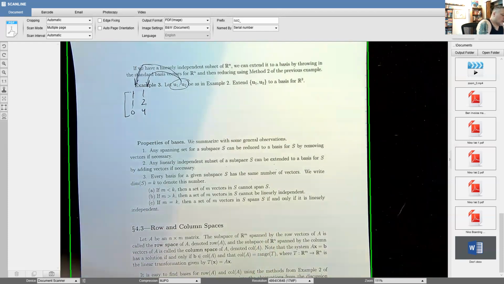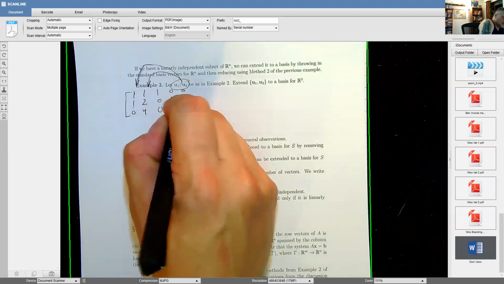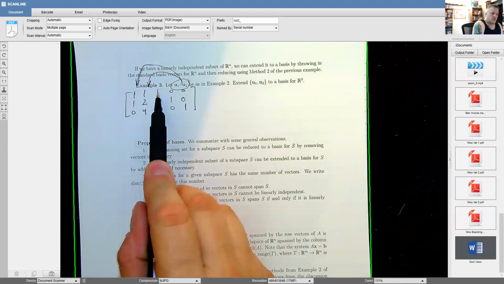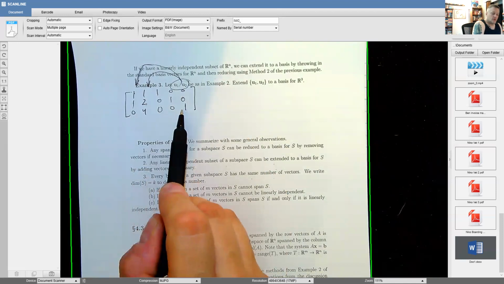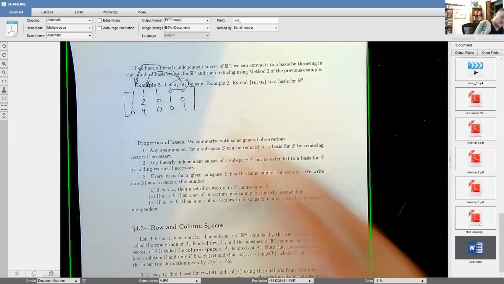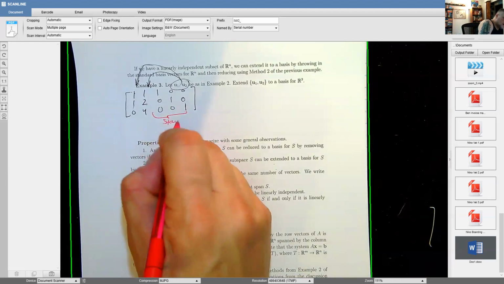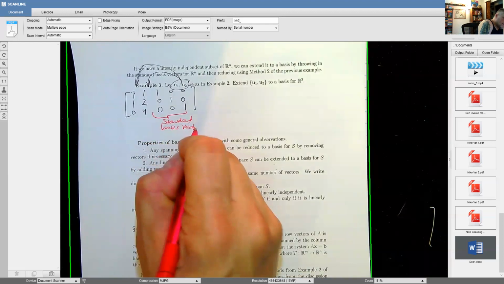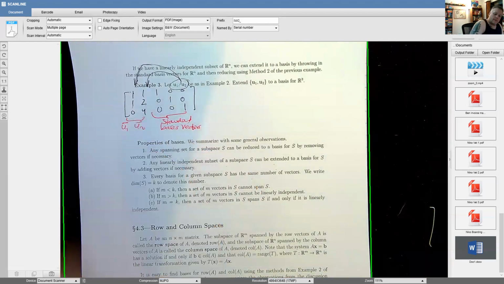So I'm going to affix the standard basis vectors, the ones where you have a 1 on one of the components and 0 everywhere else, for every one of the components. I'm adjoining these standard basis vectors, and these are U1 and U2 respectively.